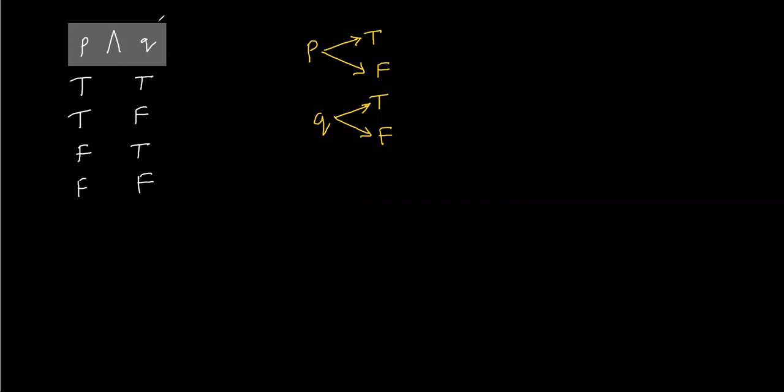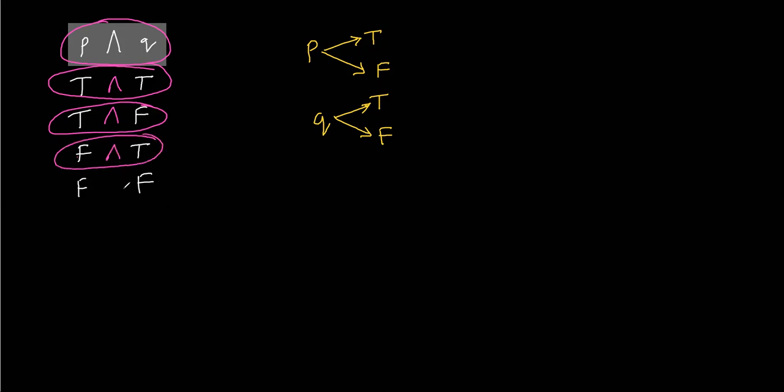So what I understand is, if I want to know the truth value of compound statement P and Q when both are true, when P is true and Q is false, when P is false and Q is true, and when both are false, there are so many different possibilities here.